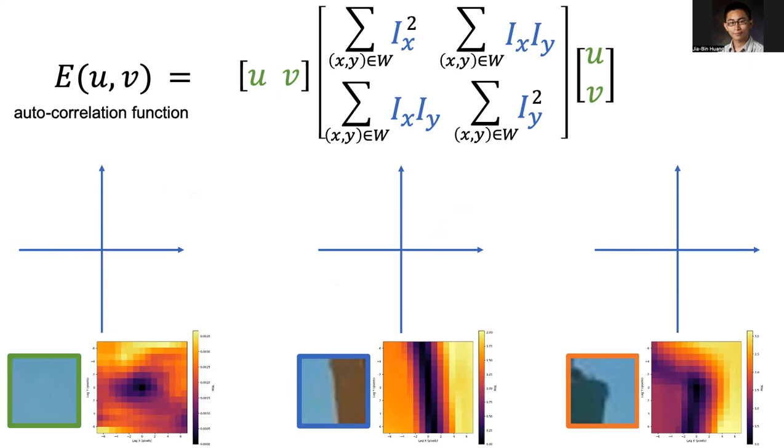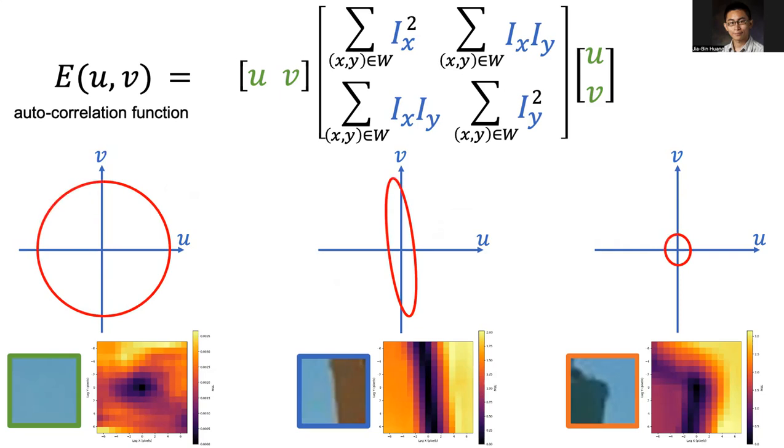So what this looks like is the following. In this case, I'm drawing the curve where the error is constant, maybe a small number like 1. So on the left-hand side, what does it mean? It means I need to move u and v very far in order to reach some error constant, maybe 1.